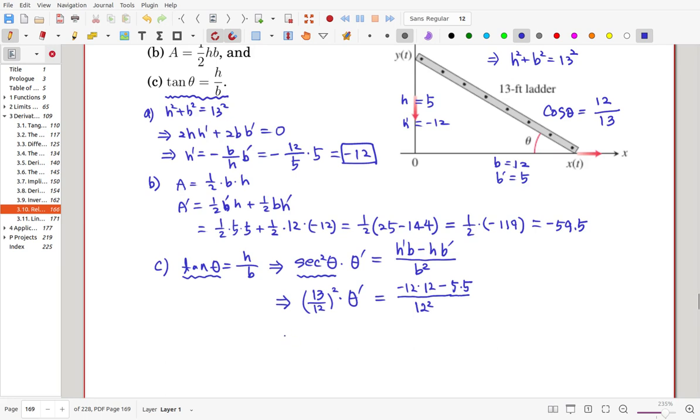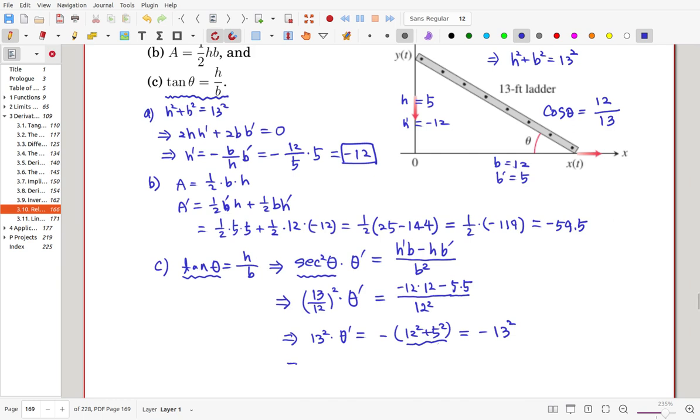From this one, we can multiply both sides by 12 squared, then 13 squared theta prime equals minus of 12 squared plus 5 squared, which is the same as 13 squared. 5, 12, 13, the Pythagorean triple, so that is minus 13 squared.